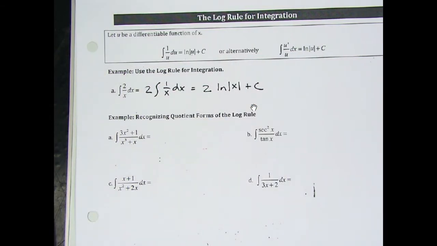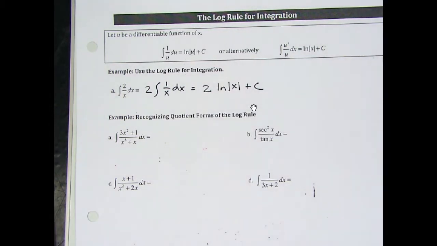So the whole point is to make it a whole 1 over x? Yes. Right, and u in this case is x, and then the derivative of x is 1, and 1 is right up there.